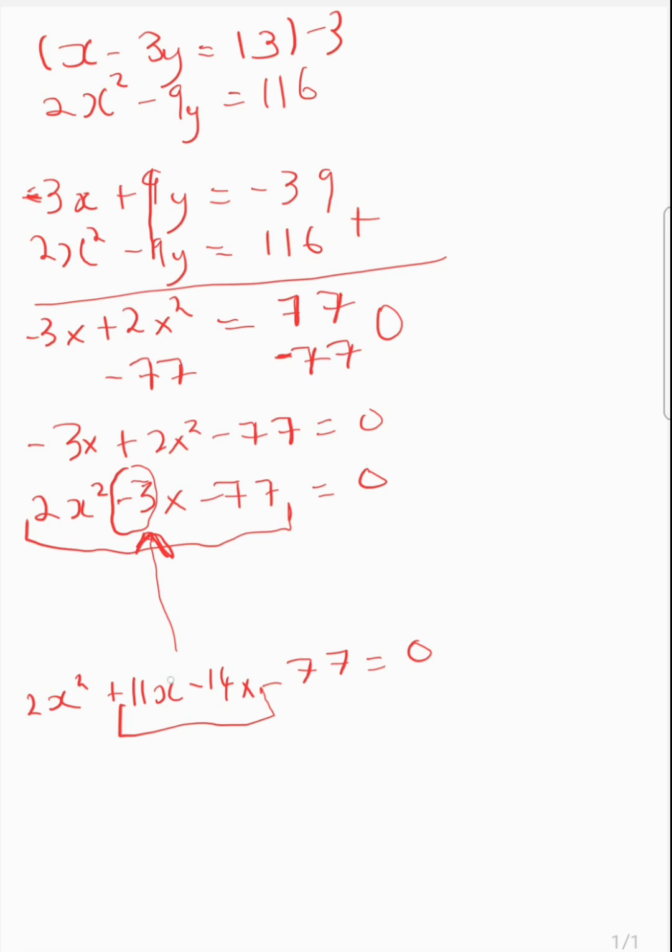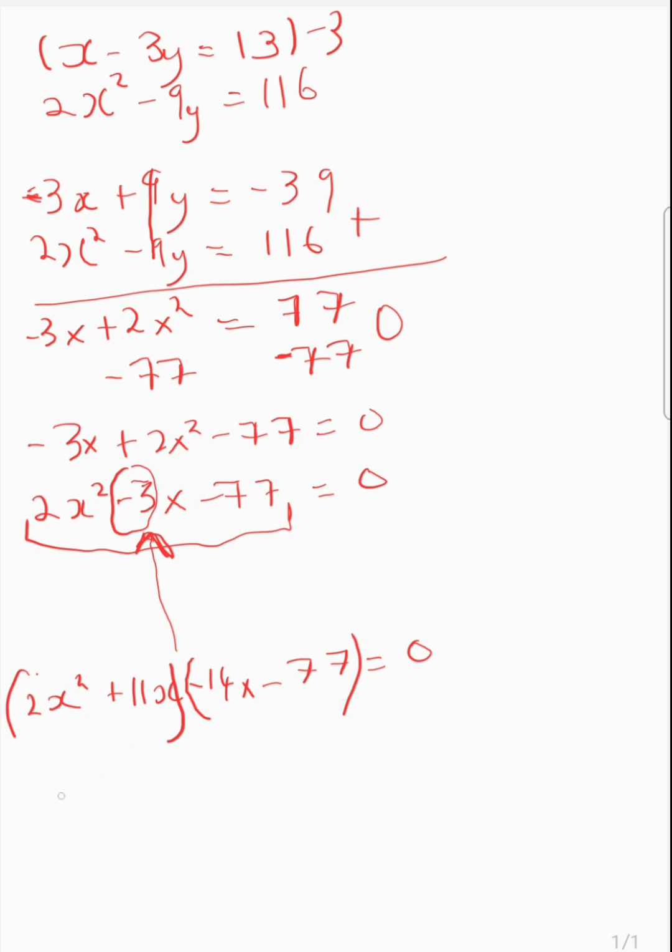Now we are going to separate these terms. We take this and this and factorize from here. We factorize 2x squared plus 11x.